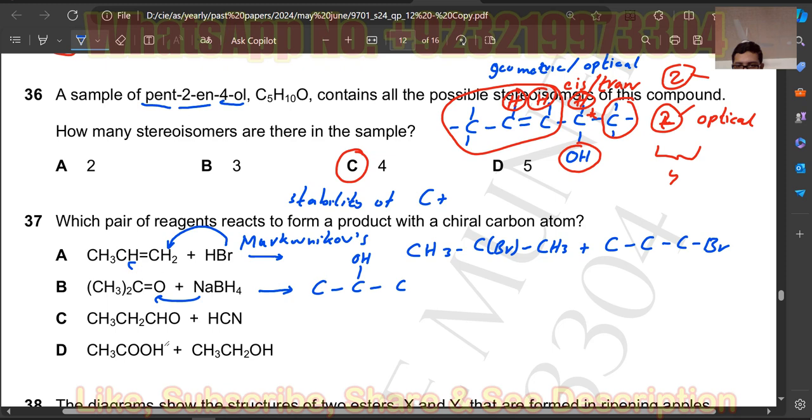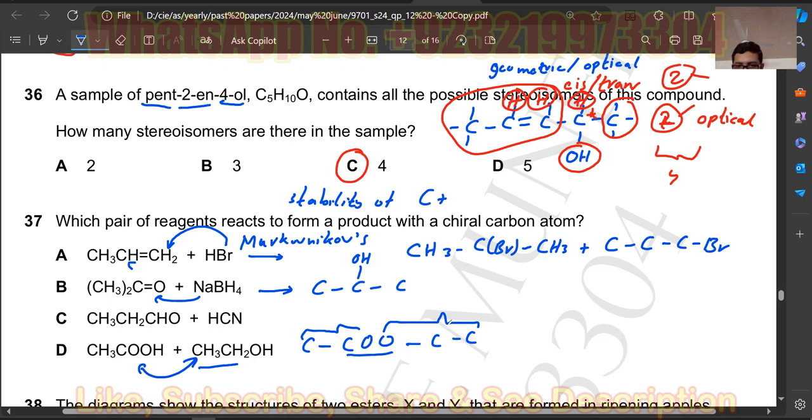Now option D. Option D shows that there is a formation of an ester, and I'm writing its product in a simpler form, C with C double O, which means it is the ester linkage, and C. We have ethanol over here, so this part comes from the ethanol, and the other part comes from the carboxylic acid.